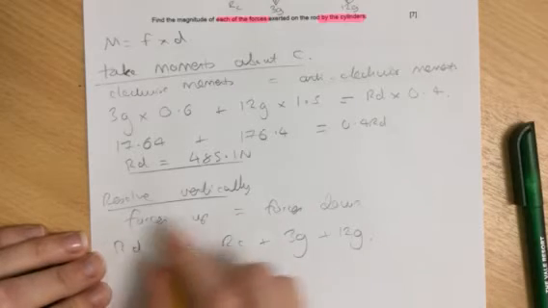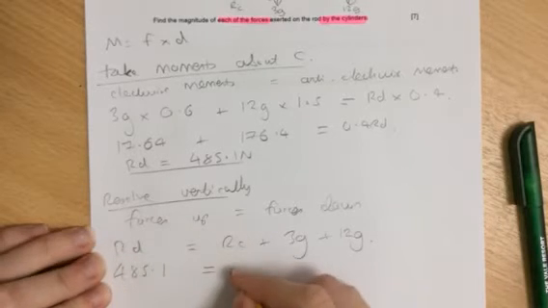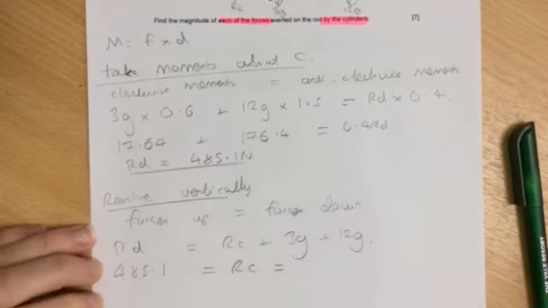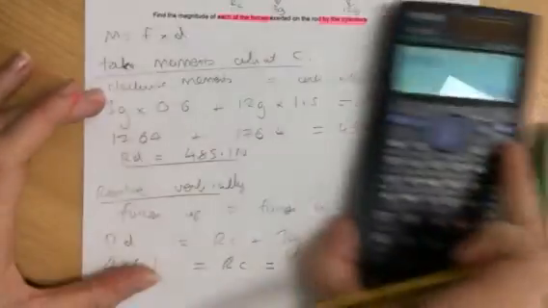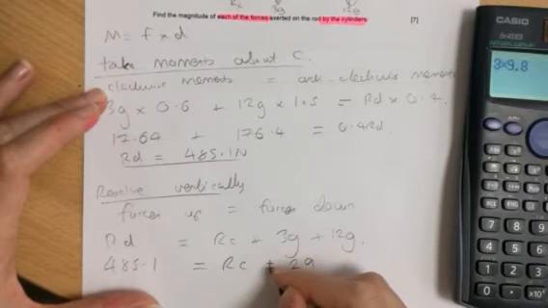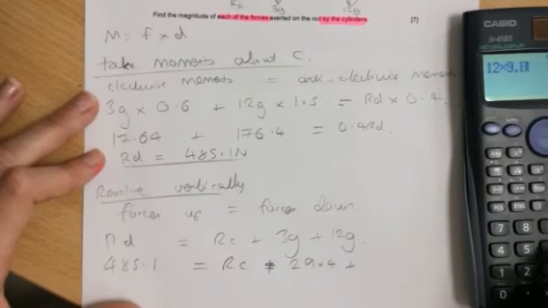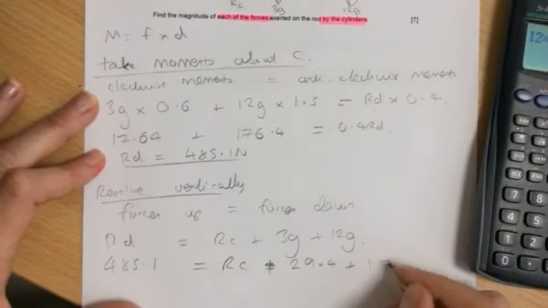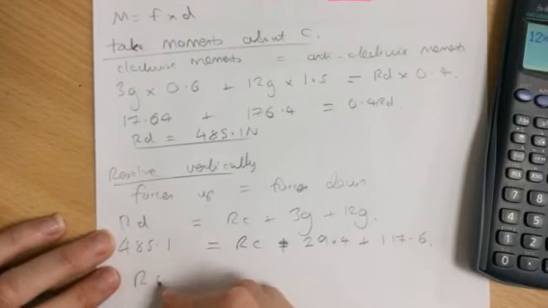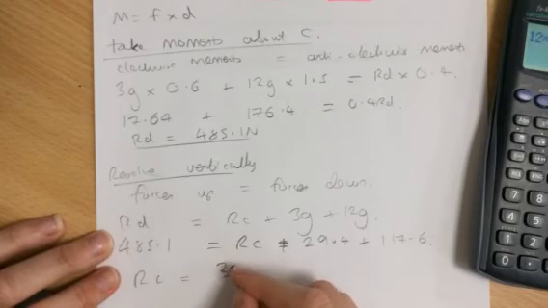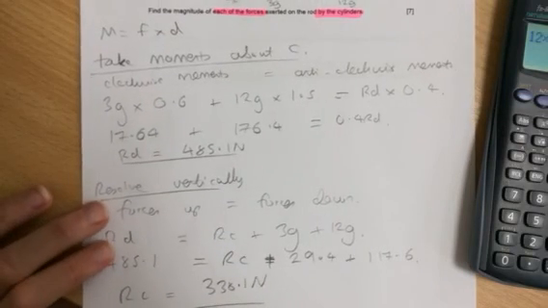RD, we already worked out up here, was 485.1. RC we don't know. 3g is 29.4, plus 12g is 117.6. Collect these up, take them over, so remember RC equals 338.1 newtons. There's the answers.